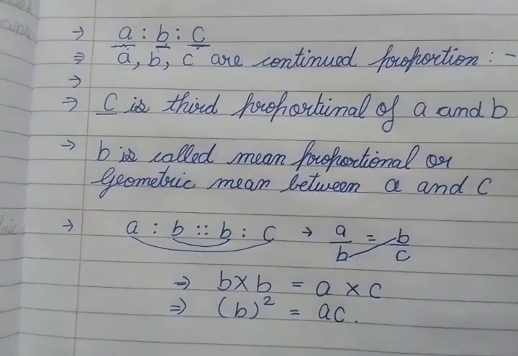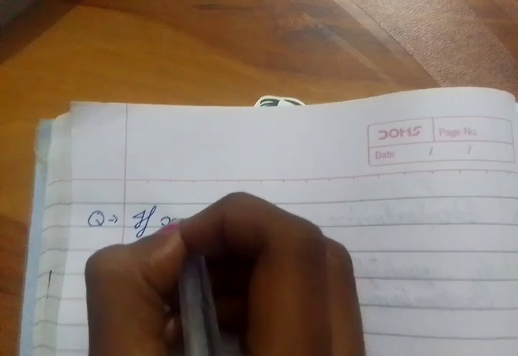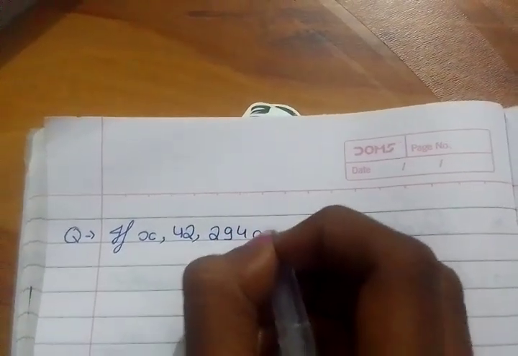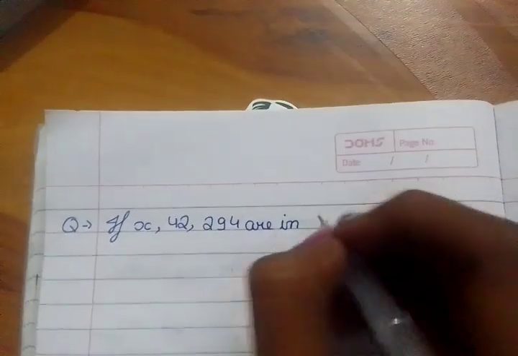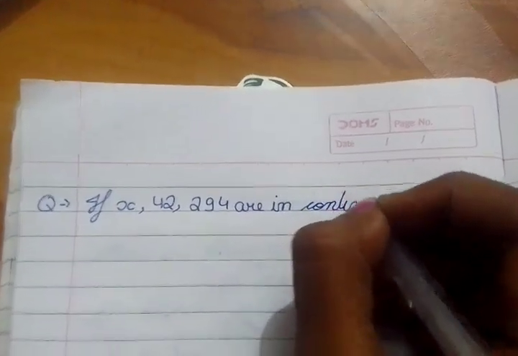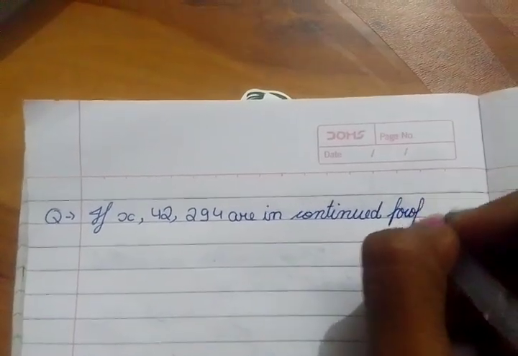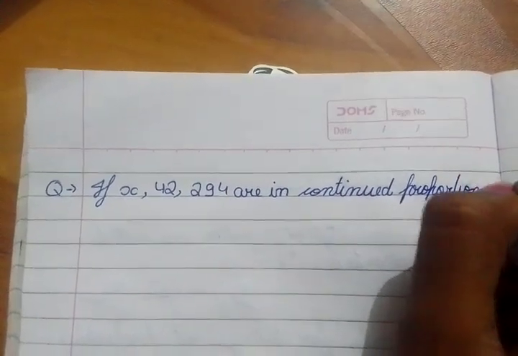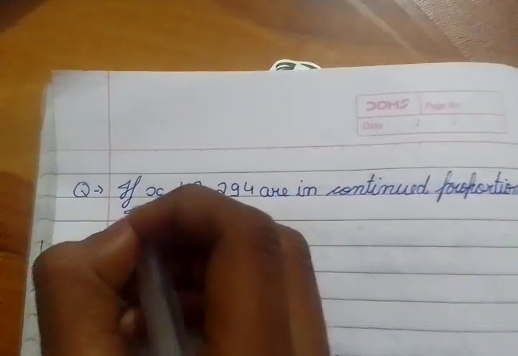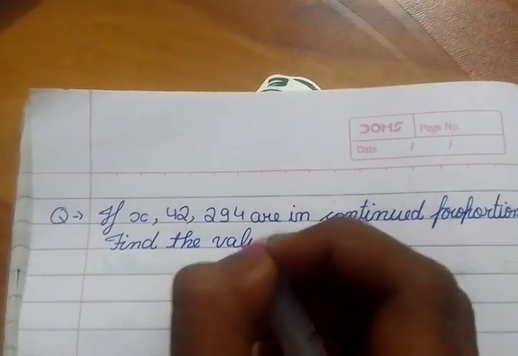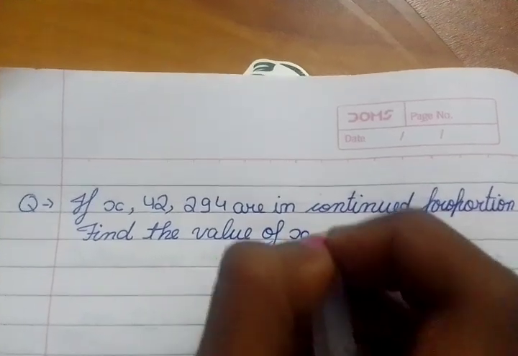Let's solve one question according to proportion. Here we will take a question. If X, 42, 294 are in continued proportion, find the value of X. So what we have to find?